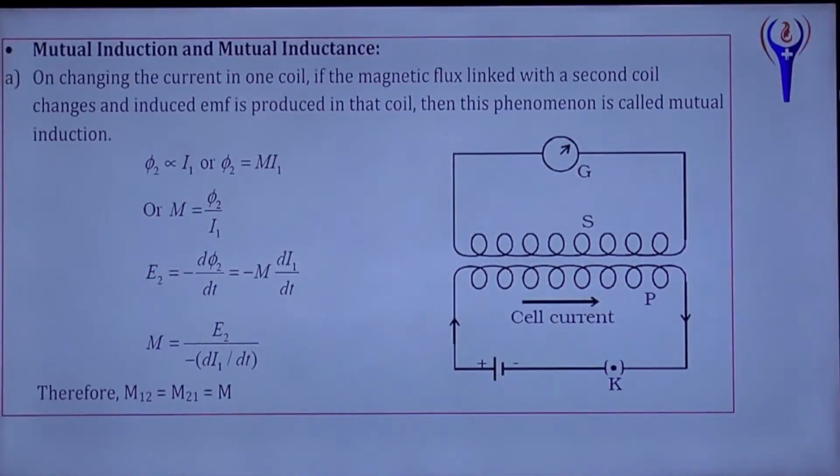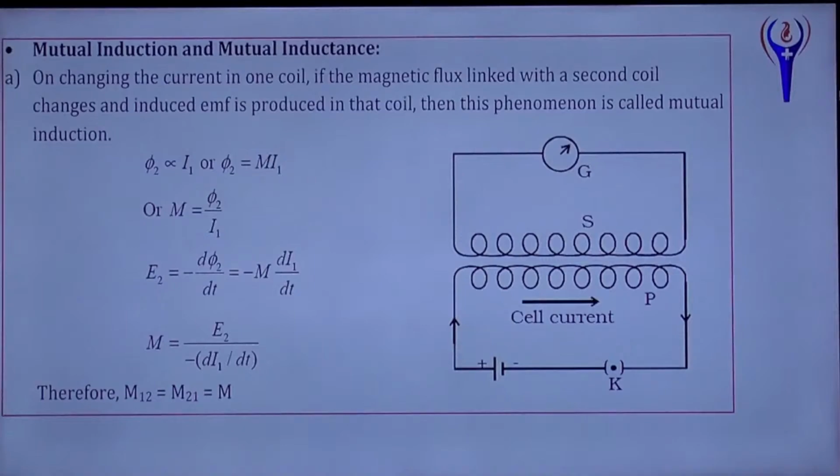Just like self-induction, there is mutual inductance. On changing the current in one coil, the magnetic flux linked with the second, neighboring coil changes. That is called mutual inductance.